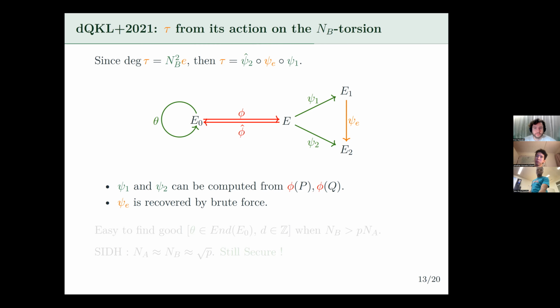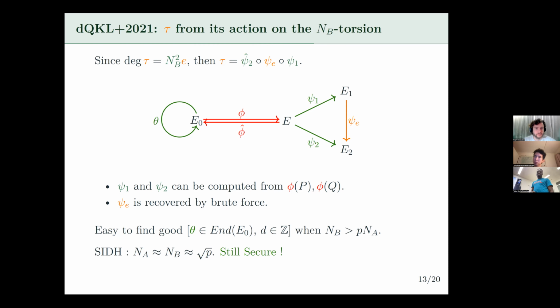I believe so. So the thing now is, how do you find these parameters theta and d such that the degree of tau is exactly NB squared times E, where E is small enough? They are easy to find. In fact, in the paper by De Feo, Fouotsa, Leonardi, and other co-authors, they prove that they are easy to find when NB is greater than P times NA.